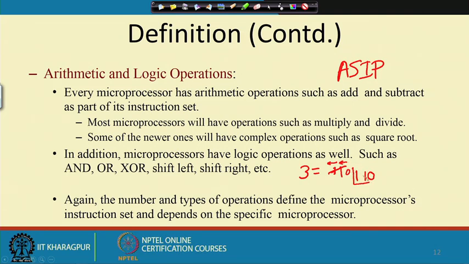You get the new pattern 1 1 0, whose decimal value is 6. So it is nothing but multiplication by 2. That way, shift left is a multiplication by 2.